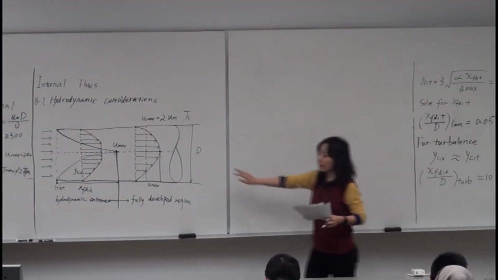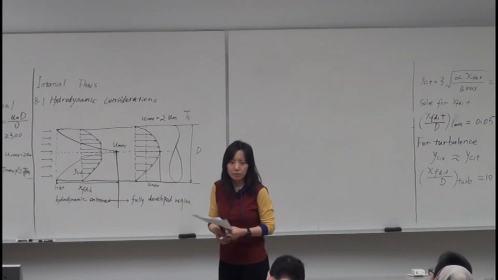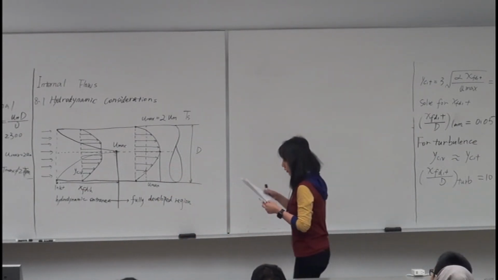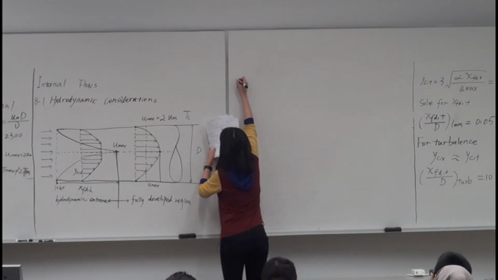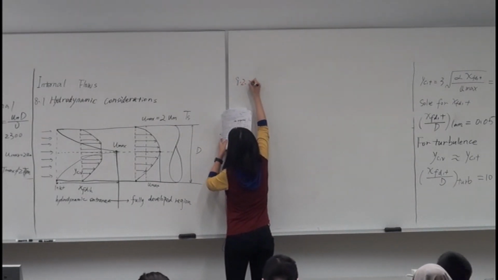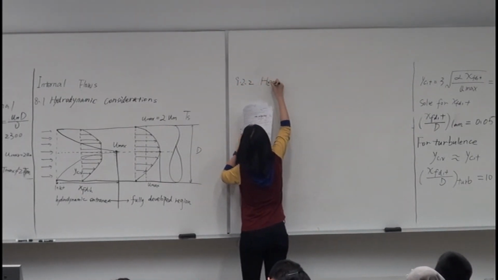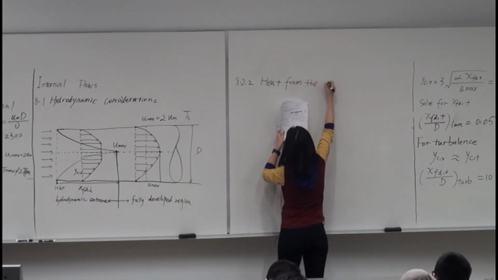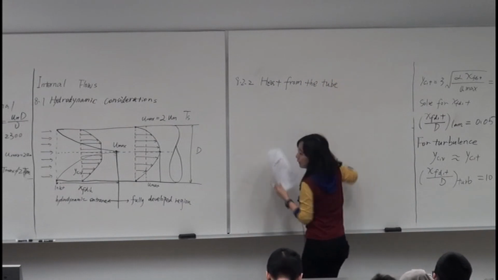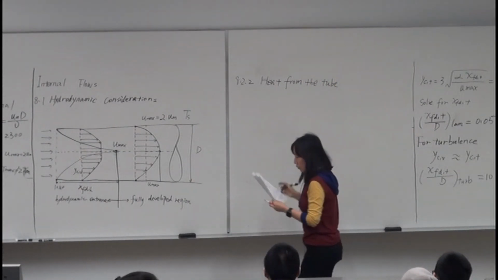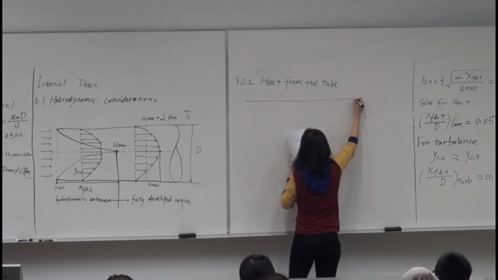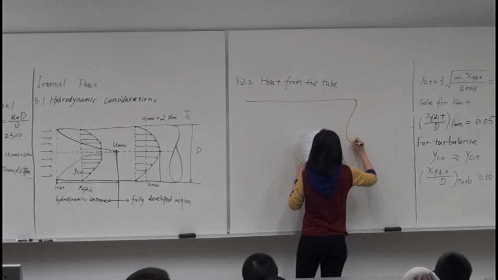As we just discussed, the temperature distribution is much more complex than the simple parabolic velocity profile. Let's go back to the case. We have a hotter tube, which heats up the fluid inside.